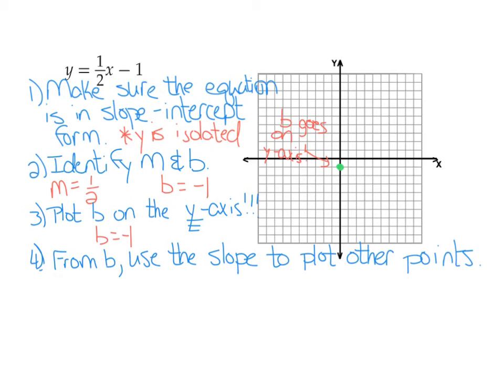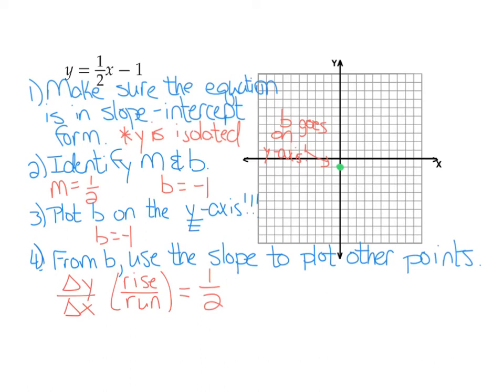We're going to start here at B, and we're going to use what we know about slope. We've been saying for several weeks now that slope is delta y over delta x, right? That's the same thing as rise over run. Now, your high school teachers are going to prefer delta y over delta x, but you can think about it as rise and run. And in this case, the slope equals 1/2, which means delta y, your change in y is 1, and your change in x is 2.